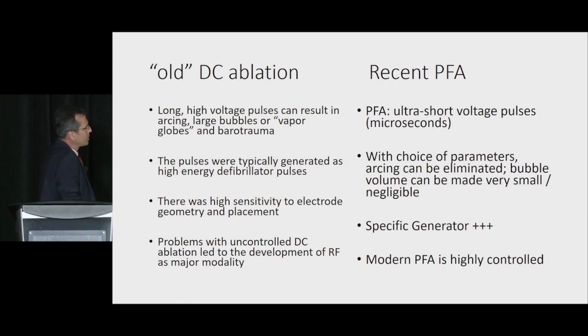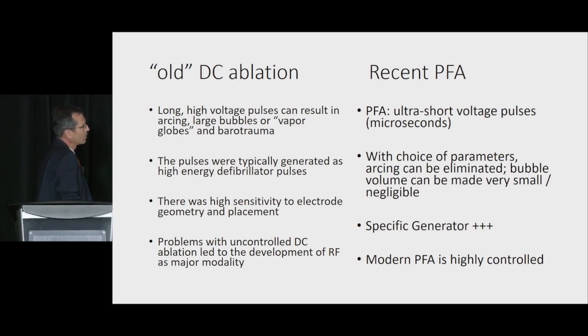The pulses that we initially worked with were typically generated as high energy defibrillator pulses, but again, with different parameters, you can completely eliminate the arcing phenomena that are not good because they make the lesion kind of unpredictable and possibly at risk.